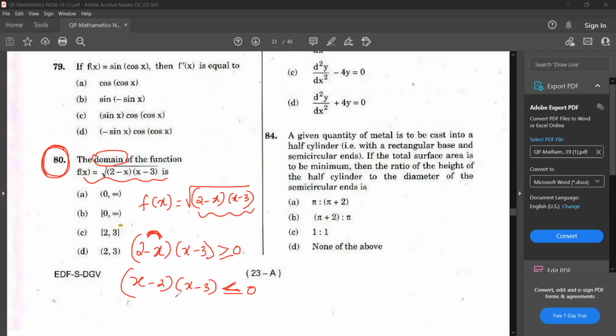Now see, (x - 2)(x - 3). So what will be the value? The value will be 2 less than or equal to x less than or equal to 3.